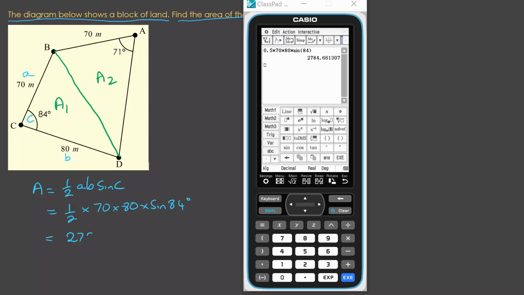So 2784.7 square meters. And that's just in case the rounding, if I kept it to the nearest whole number and then did the other one to the nearest whole number, I could be slightly out on the final answer. So it's always best to keep an extra decimal place to stop any rounding issues.